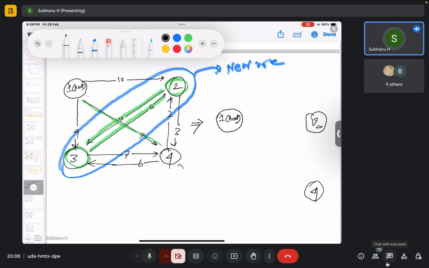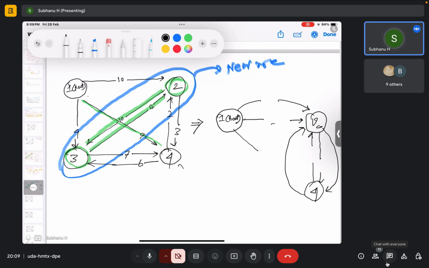Now what are the other things? I have to give a weight here. I'll show you how I will give a weight here. I have to give a weight here also, and for this also, and for this also.